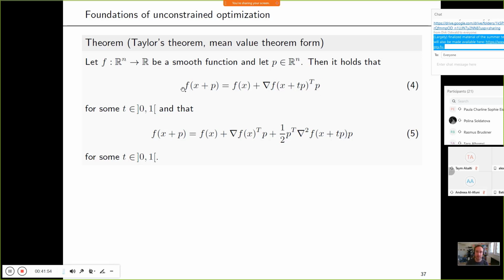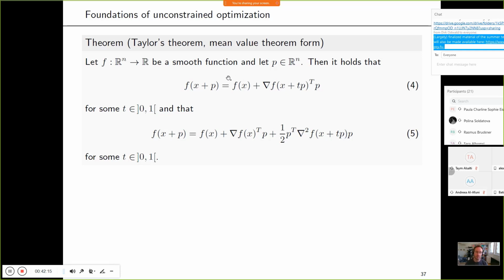So this looks quite a lot like a first order Taylor approximation. However, in a first order Taylor approximation it's a little bit different, because you would have the derivative at the location x, and you would also be aware that there's an error. And this would not be an equality, but an approximation.